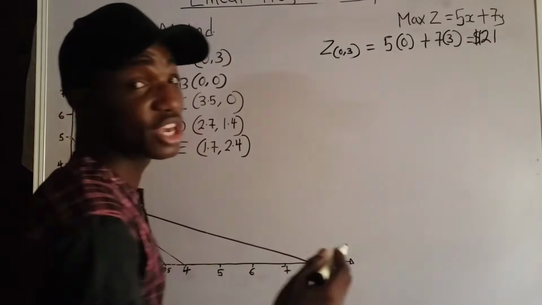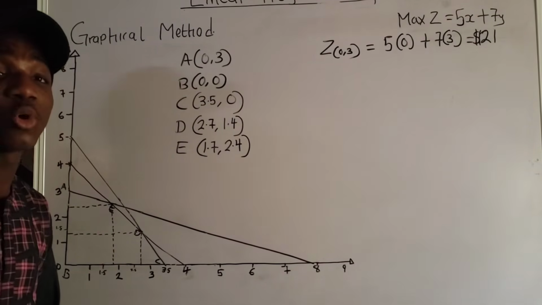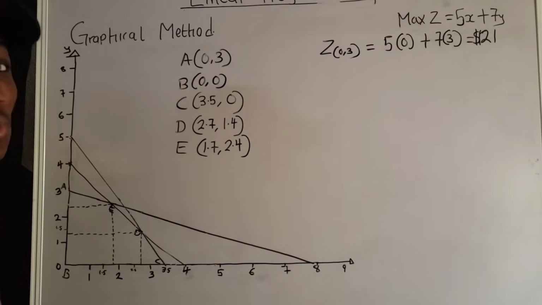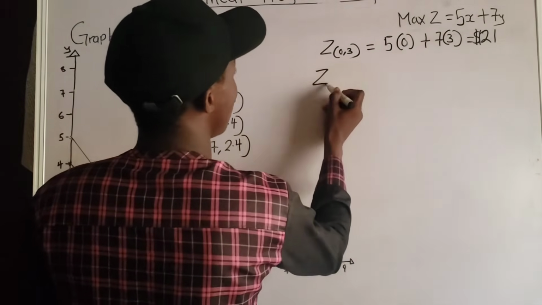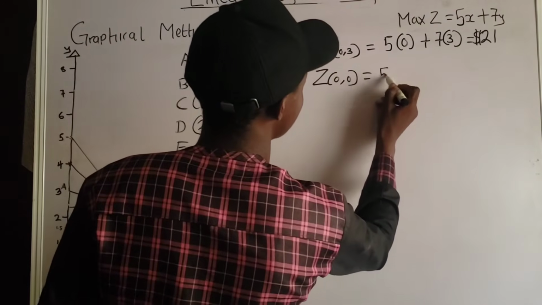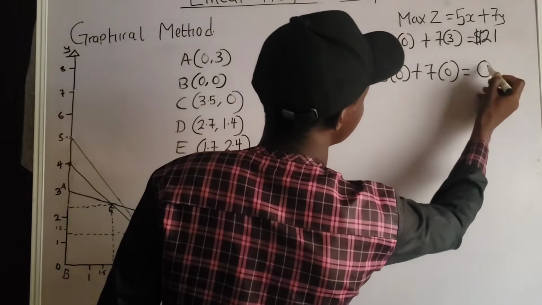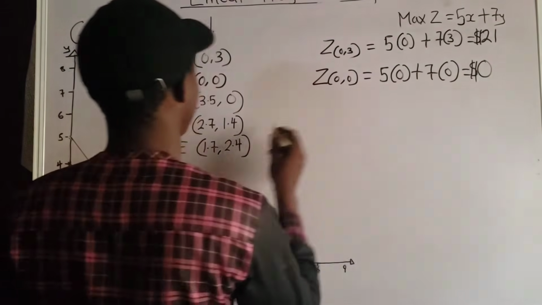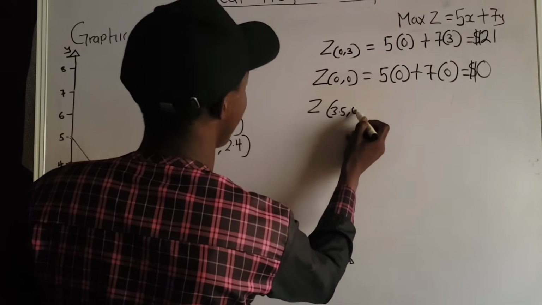Don't forget that they gave us that the revenue gotten from selling the product of X and Y is in dollars. So that's why I put dollar here. That is $21 for 0,3. For 0,0, that is 5 into bracket 0 plus 7 into bracket 0. That is what? $0.